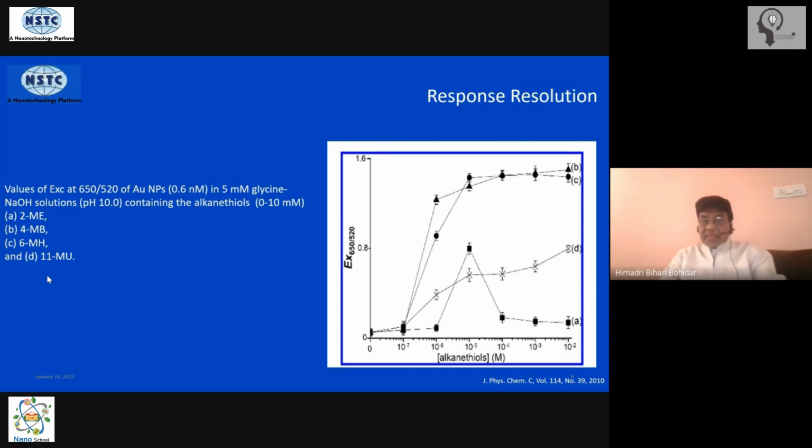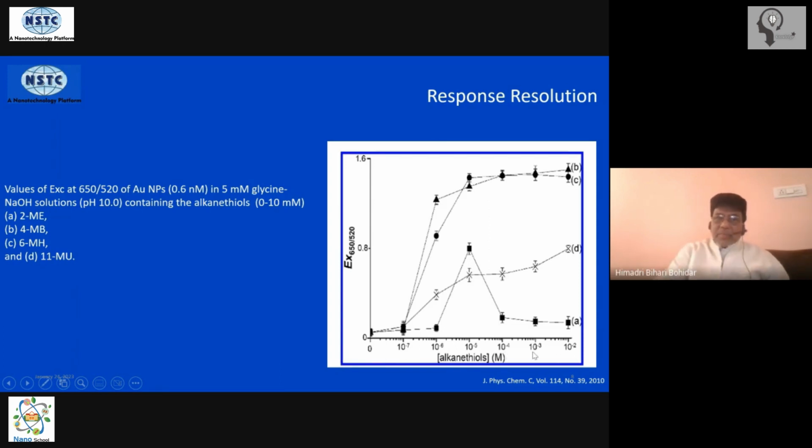Now, if you take the intensity of absorbance of the peak at 650 and 520 and take the ratio of that, it becomes a very good indicator of what we can call the signal strength. So this is the absorbance at 650 divided by absorbance at 520 nanometer, the ratio, and that is plotted as a function of the alkane thiols here.